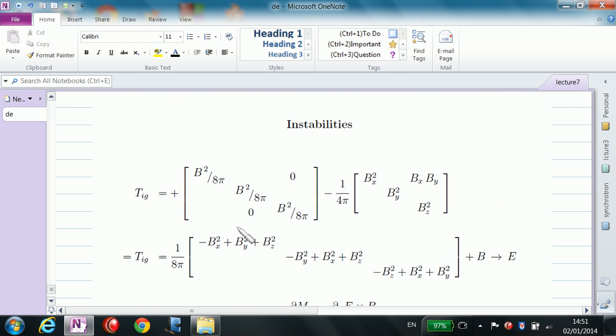All right, let's go to instabilities. The... oh my, no. Okay, this should be Tij.